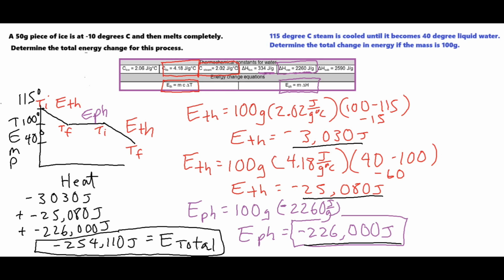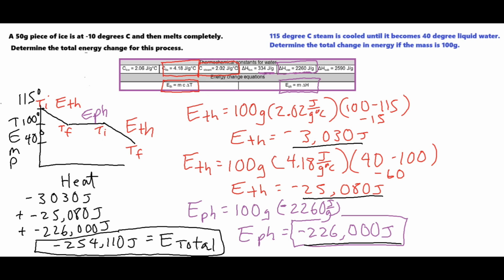My answer got a little squished there, but negative 254,110 joules as the total energy required to complete this process, the amount of energy lost by the system into the surroundings to complete 2 thermal energy changes and 1 phase change.